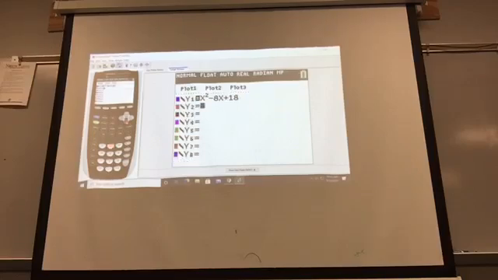And then y2, in your calculator, you can just type it in as 2 times x minus 5 plus 3.